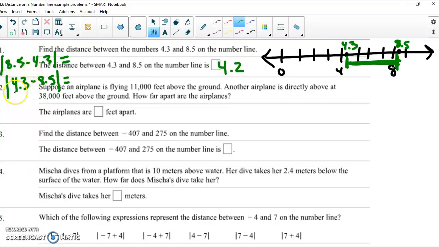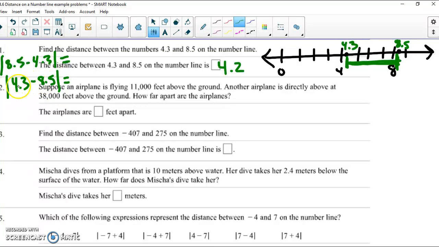So if I start at 4 and 3/10 and I subtract 8 and 5/10, then I'm going to be going in the negative direction 8 and 5/10, right? So think about if I'm starting right here and I move back 8 and 5/10, that's going to take me to the left of 0, so into the negative numbers.